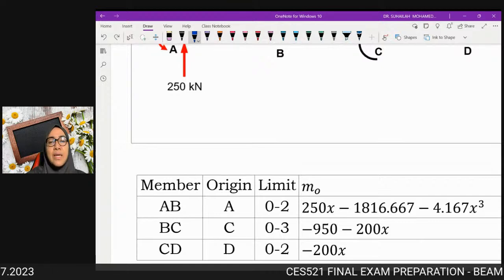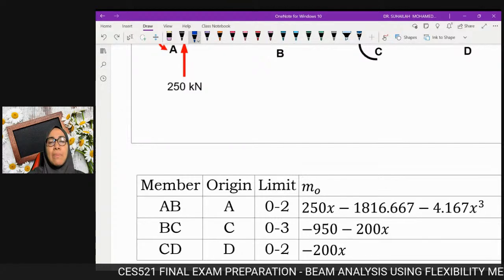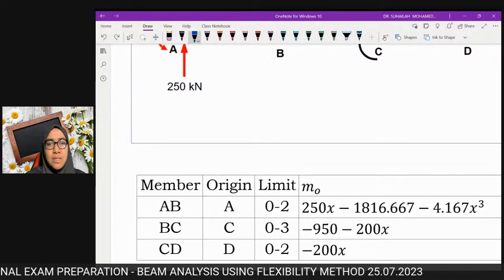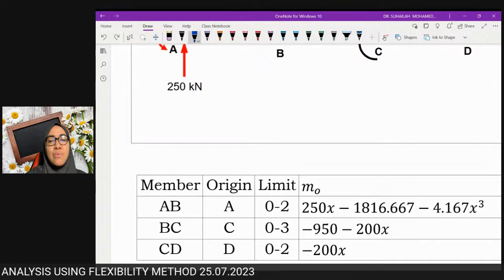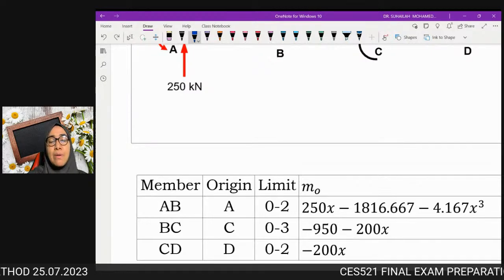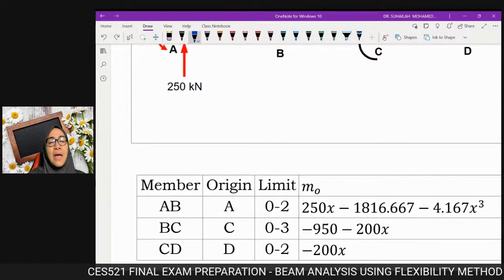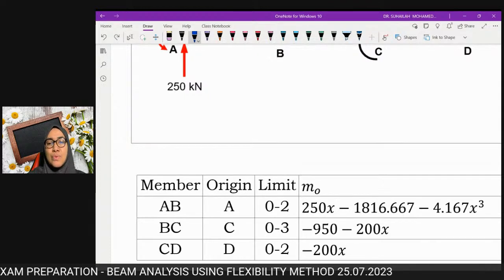That is how we get the limit of AB. For member BC the origin can be C or it can be D. If we choose a different origin, we will get a different limit. By taking C as origin for cutting section BC, the limit will be 0 to 3. And for CD, the origin is D and the limit is 0 to 2.